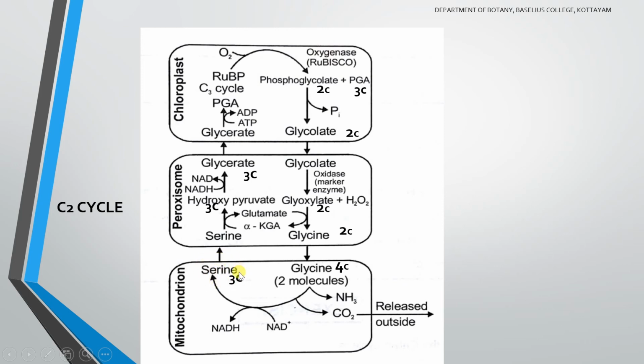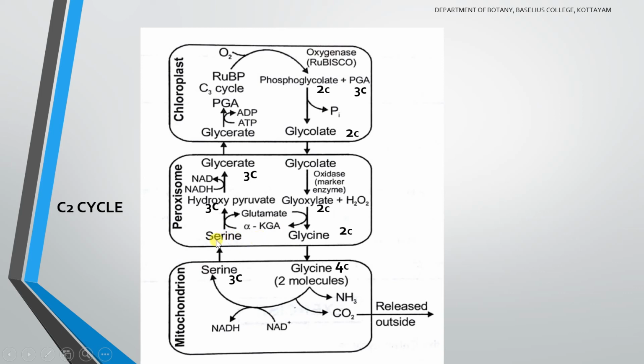So the serine formed in mitochondria now leaves the mitochondria and migrates to the peroxisome again. So serine has now reached the peroxisome, which is a 3-carbon compound. Now the next phase is again transamination. So this is an amino acid. It reacts with an organic acid, alpha ketoglutaric acid.